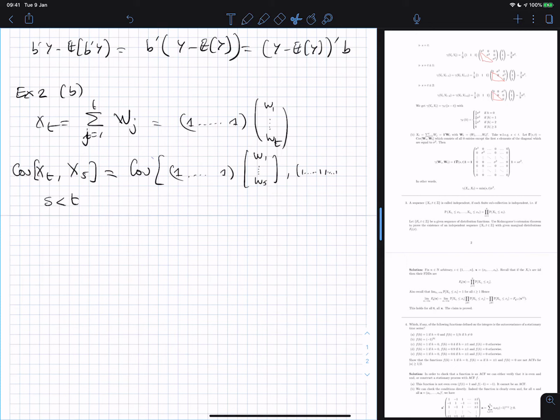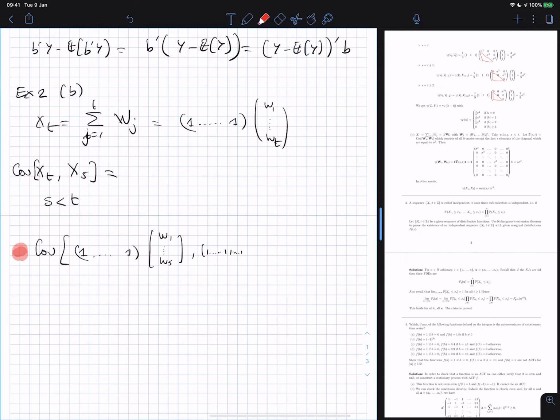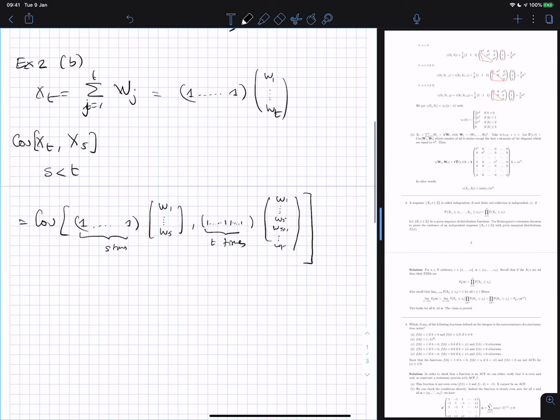I'm gonna move this because I don't have enough room. So multiplied by w1 to ws plus 1 to wt. So here I have s ones, here I have t times, and that will give me what?